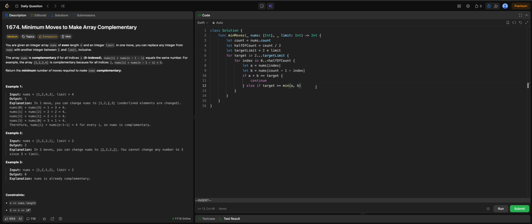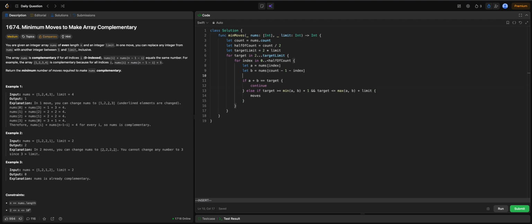And then another case is target is less than or equal to the maximum of A or B. And okay, I think we need to do the plus 1 here. The reason why I want to do the minimum plus 1 is we are starting this index from 0. So if we start from 0, we're going to need the addition of limit here. If these are correct, we're going to move.